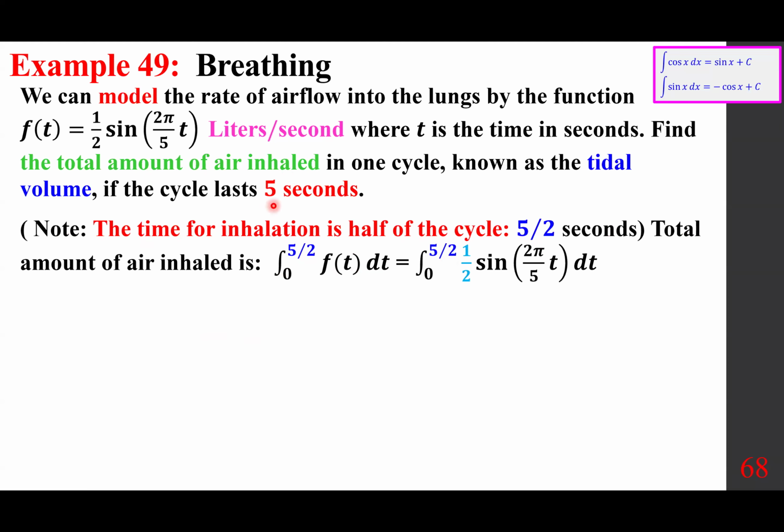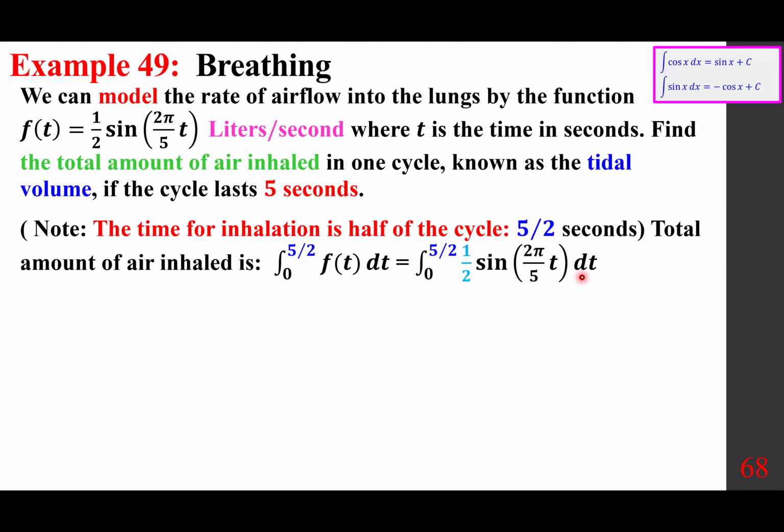So if the whole cycle takes 5 seconds, each one of them takes half of that. That's why we have the 5/2. So we are going to put this here and take the integral from 0 to 5/2, of course, times dt.